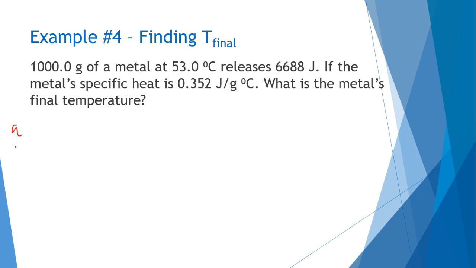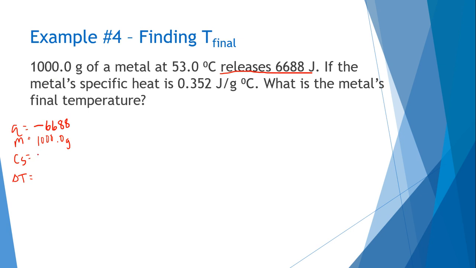So Q, mass, Cs, and delta T. Here, my Q is going to be my heat. Pay attention to the wording. Releases. That means that this is a negative 6,688 joules. Your mass is 1,000 grams. It's in the correct units, so we're okay.